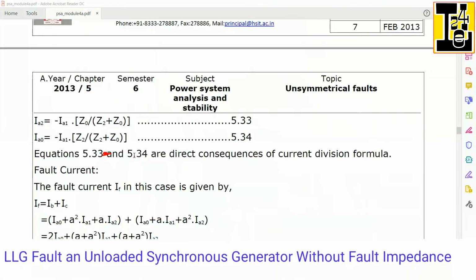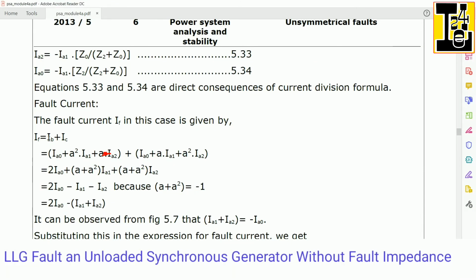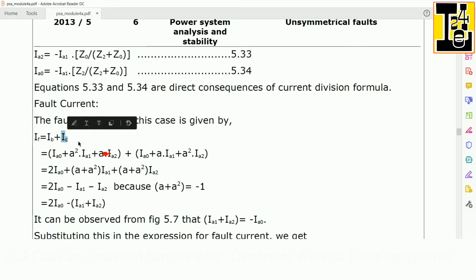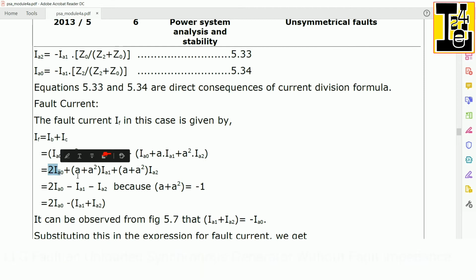We know that IB in terms of symmetrical components is IA0 plus A square IA1 plus A IA2, and IC is IA0 plus A IA1 plus A square IA2. Adding the IA0 terms, it becomes 2 IA0.